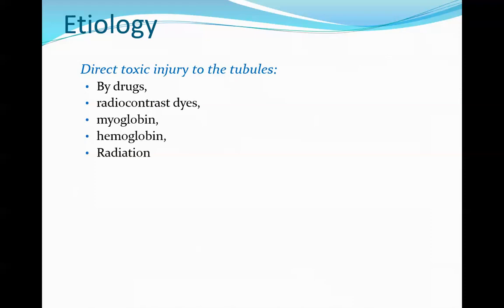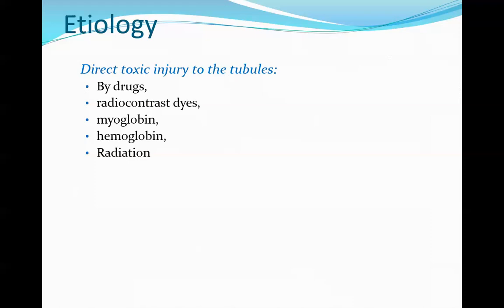You give the dye intravenously, wait for 20 minutes to half an hour, and then you take the X-ray film, the IVP, at different timings. So you see that the dye is excreting from the kidney and coming down.